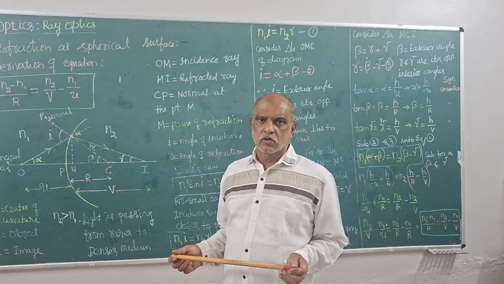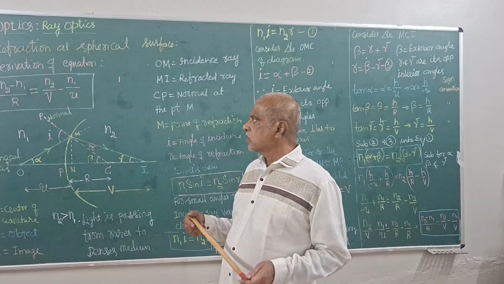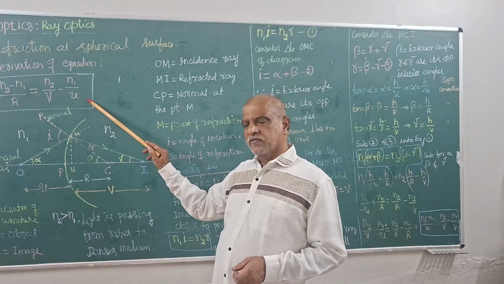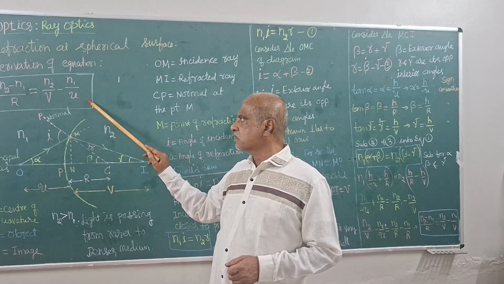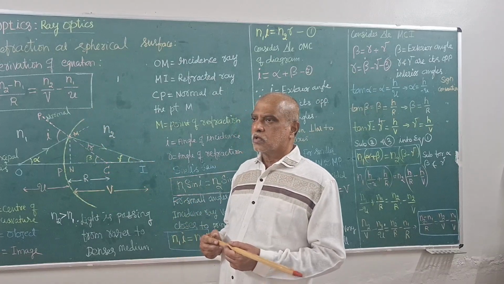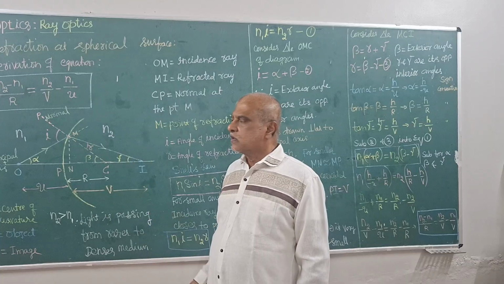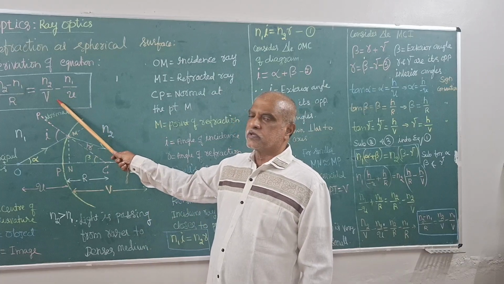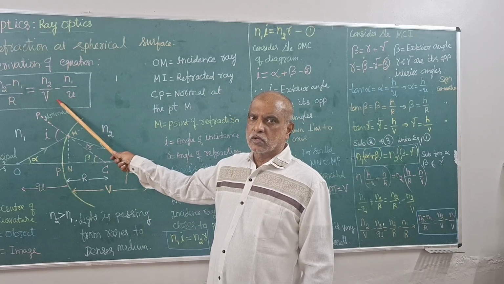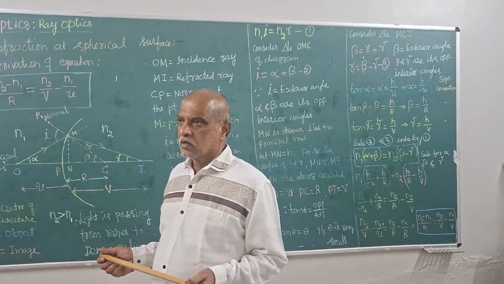This is how we can derive it, along with its significance. The derivation uses the same diagram. Whether you use a convex surface or a concave surface, you arrive at the same equation. So that is the derivation, very important.